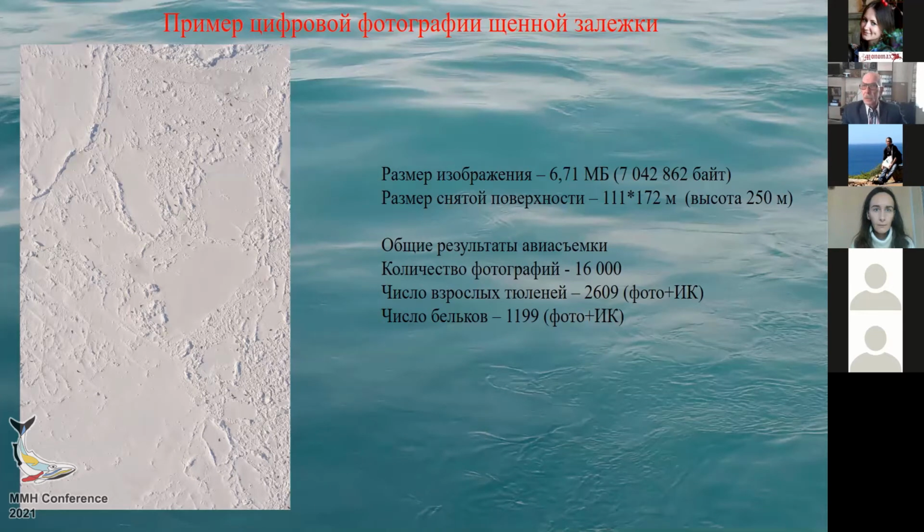The size of this picture is 6.71 megabytes, and the size of the area that was taken is 111 by 172 meters at the altitude of 250 meters. During this aerial survey, 16,000 such photographs were made.